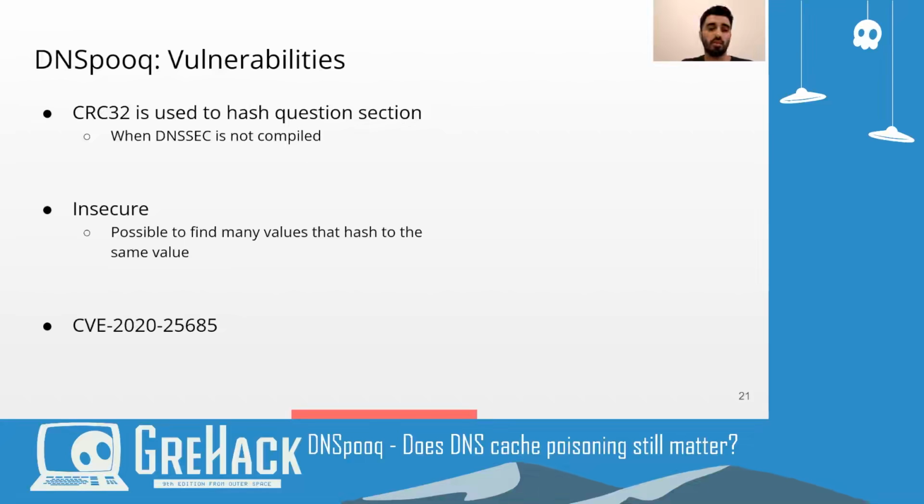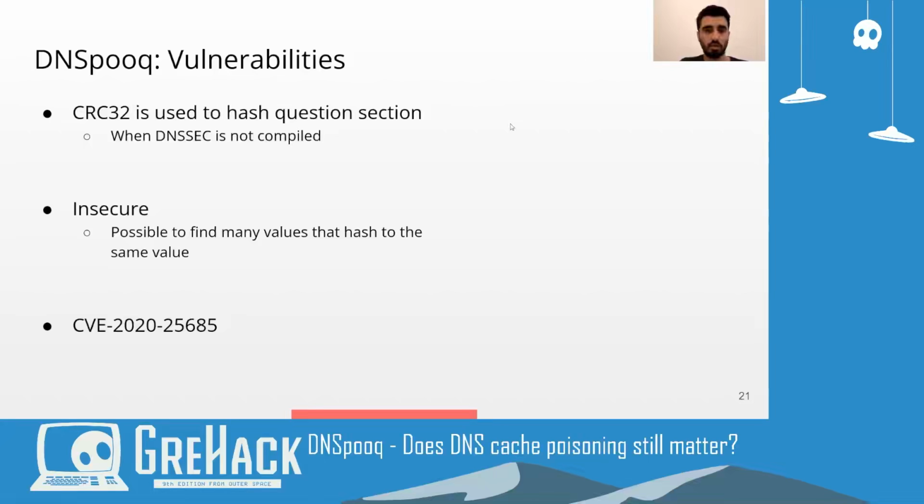In fact, it is possible to find multiple values that hash to the same CRC32 value, and we did exactly that in our proof of concept. We generated 300,000 domain names that all hash to the same CRC32 value.